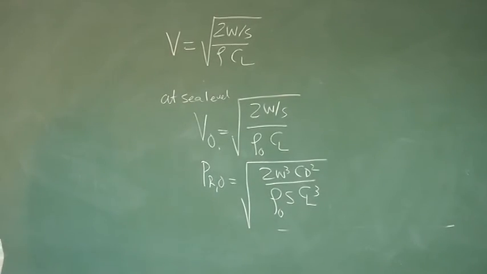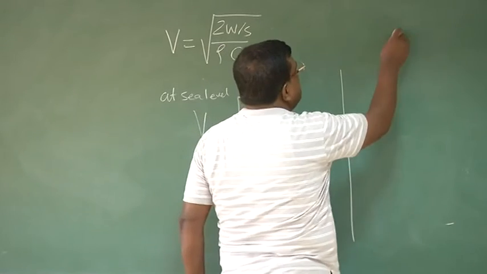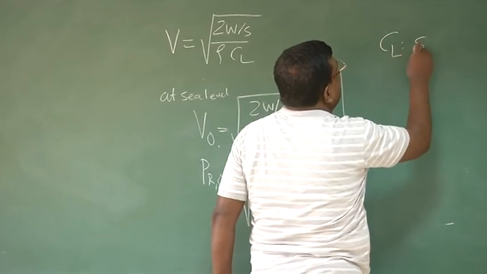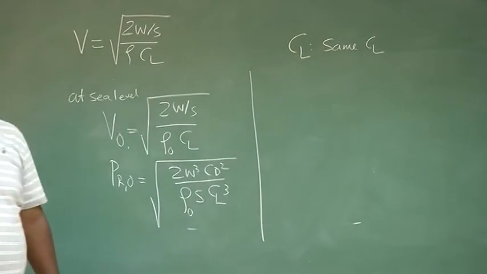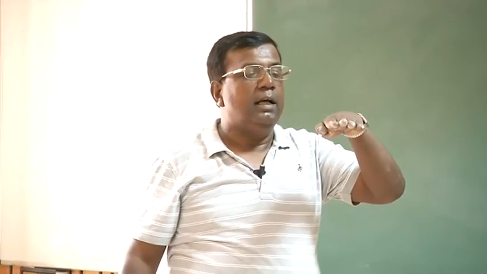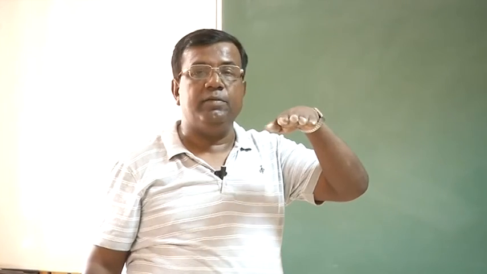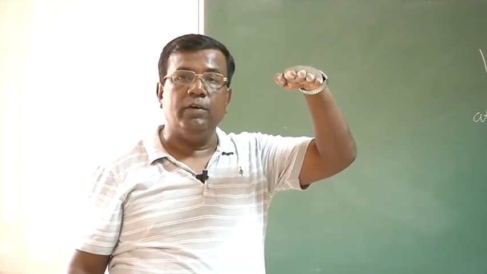Now let us assume that we are still flying at the same CL, but we are going higher, so a different altitude. What does it mean physically? If I am keeping the same CL, let's say I am at 1 kilometer, I have lift equal to weight. Now I want to fly at 2 kilometers, so lift is still equal to weight.